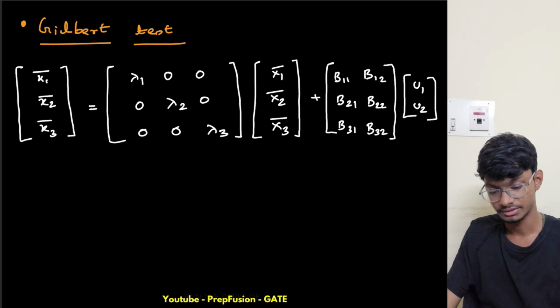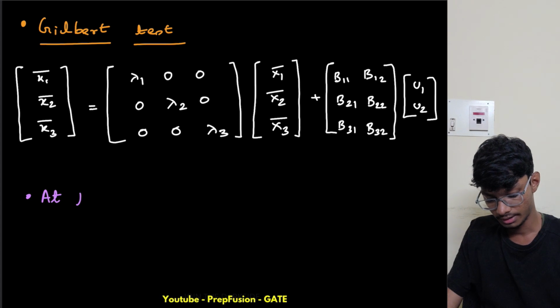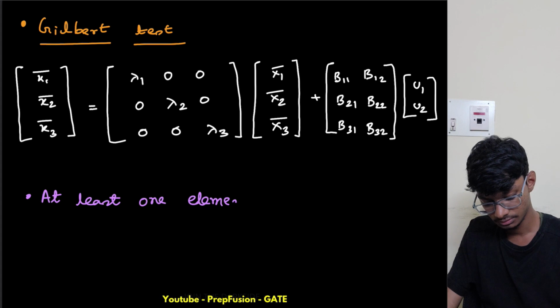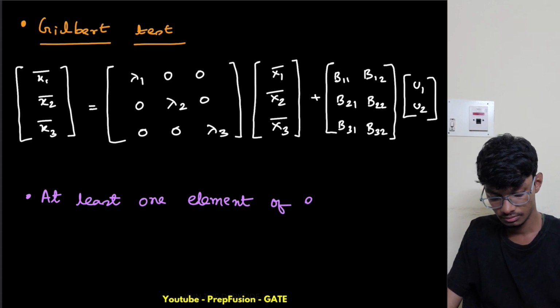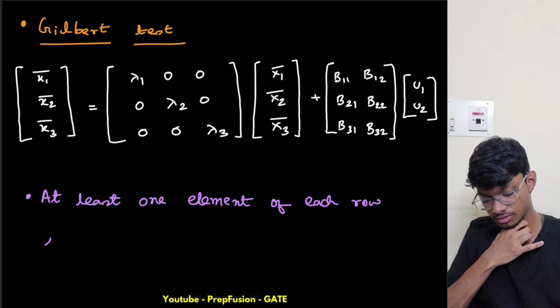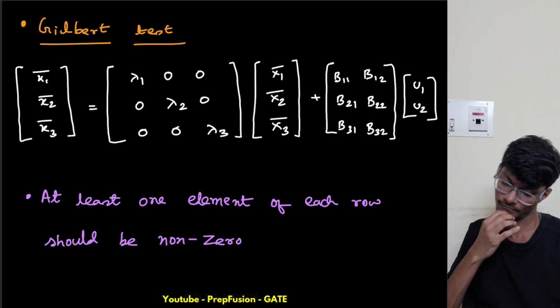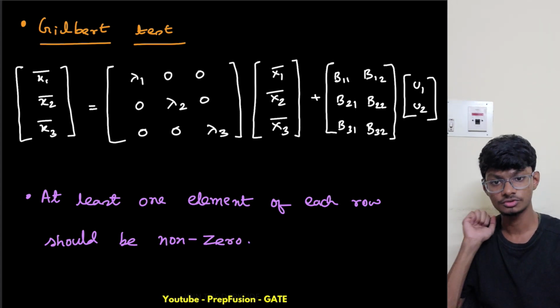So what should I mention here? At least one element of each row should be non-zero.